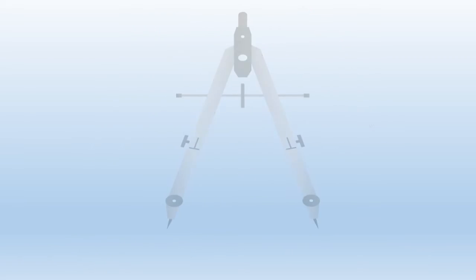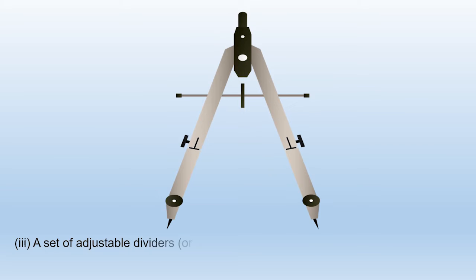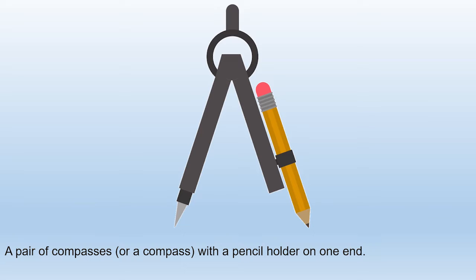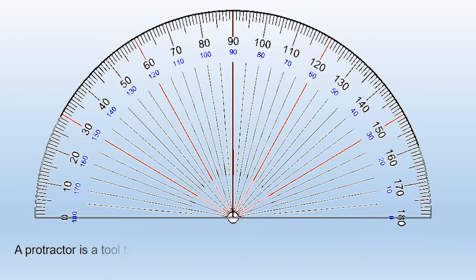Number 3. A set of adjustable dividers, or a divider. Number 4. A pair of compasses, or a compass with a pencil holder on one end. Number 5. A protractor, a tool that is used to measure angles.